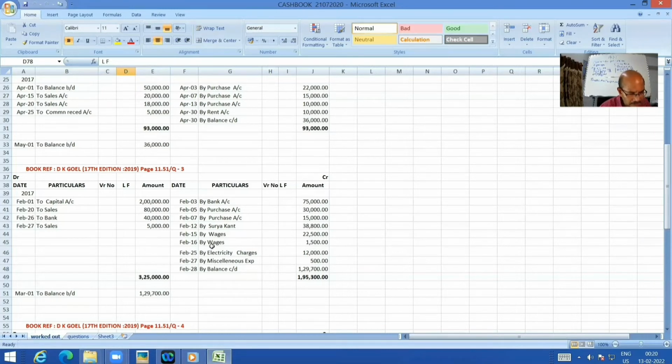It's a cash dealing. So to sales 80,000. Fine. Paid electricity bill. Don't write electricity bill because each transaction has a decent account head. So by electricity charges 12,000.